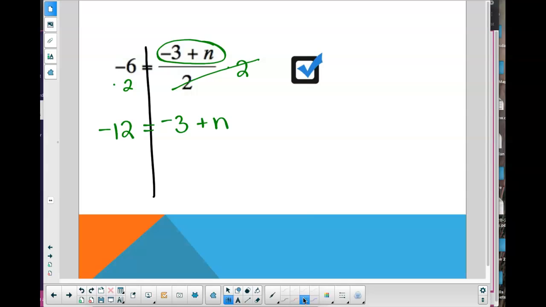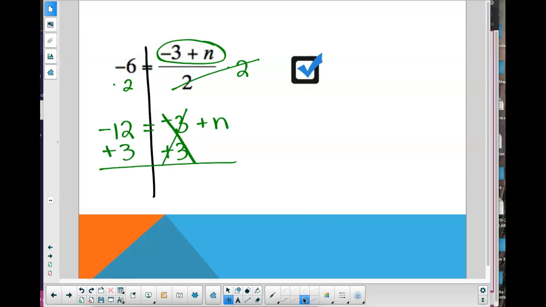Now I have to get rid of this -3. How am I going to cancel out that -3? Caleb? Subtracting -3, or what's the other way to do it? I can either write minus -3 or +3, right? Keep change. So I'm just going to put +3.